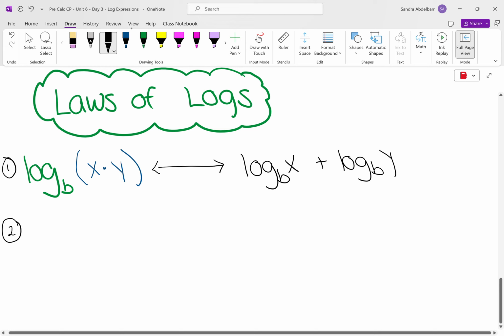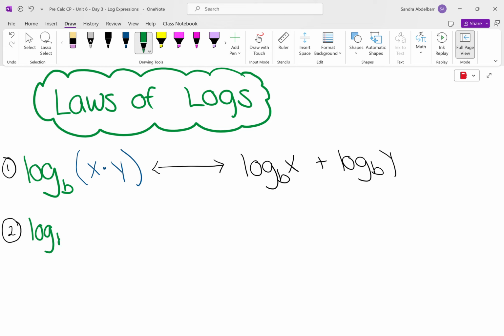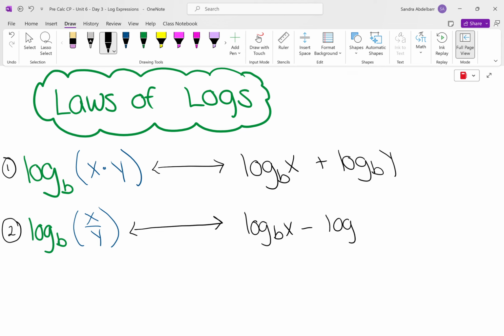All right, next rule. Let's say I have log base b, and in my argument I'm dividing x divided by y. We can expand it into, any guesses? Multiplication we change to log addition. So division will change it into log subtraction. We're going to have log base b of x minus log base b of y.